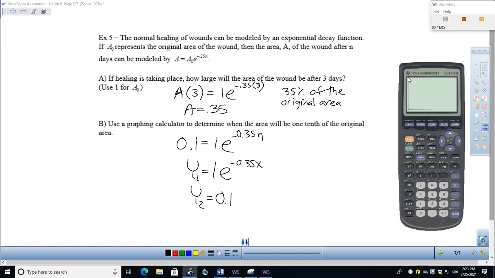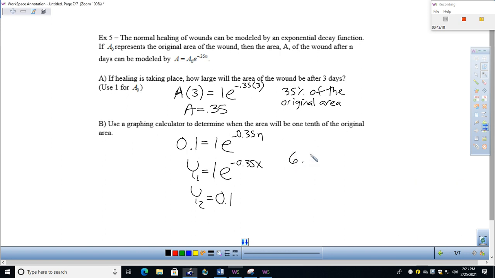So there's my exponential decay, everybody. And because of the negative value right here, that's what changes the base E from growth to decay. Let's intersect this. So second trace, hit intersect, enter, enter, enter. And I'm getting about 6.58 days.